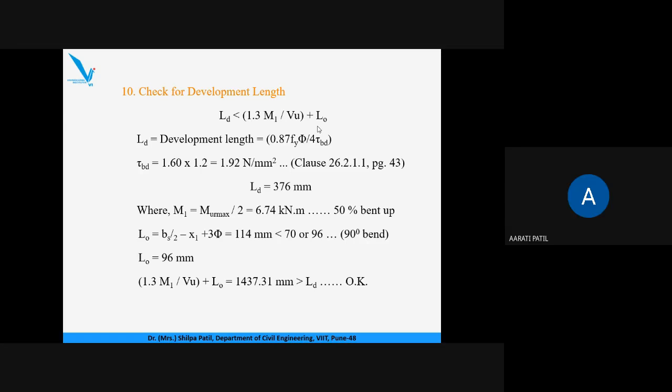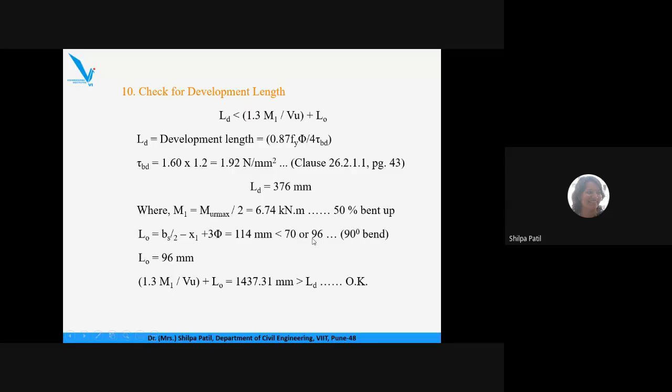L0 is the sum of anchorage beyond the center of the support and the equivalent anchorage value of any hook or mechanical anchorage at simple support and at a point of inflection. L0 is limited to the effective depth of the member or 12 phi, whichever is greater. Effective depth we have adopted as 70, so this is the 70 value here.